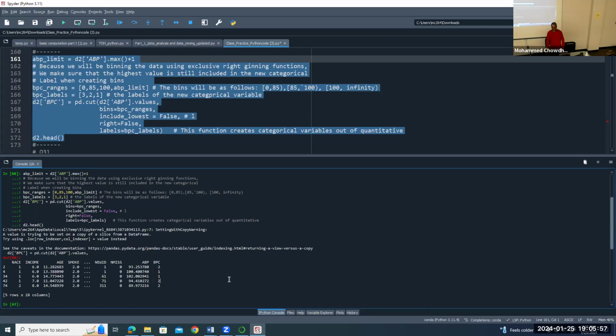So what have you learned from line number 161 to 172? Suppose your manager told you this is the income variable of our 65,000 employees at Google, and I want to make 10 categories.